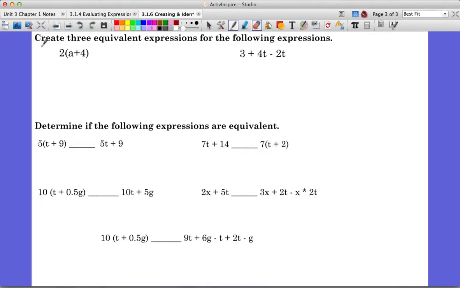When you're doing this, I want you to create 3 equivalent expressions for each of the following. Here is your expression. You can use the distributive property to create an equivalent expression. Then from there, create another equivalent expression. It's kind of like when we work with fractions and we find equivalent fractions to 7/14.